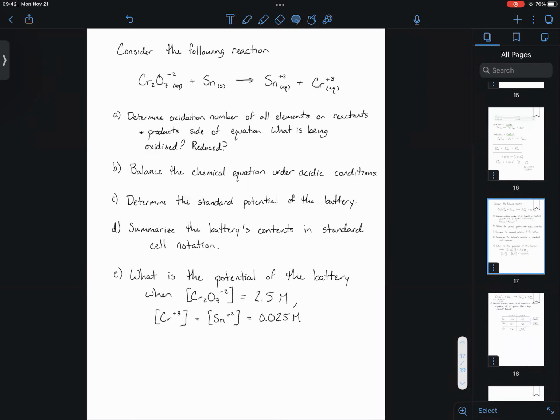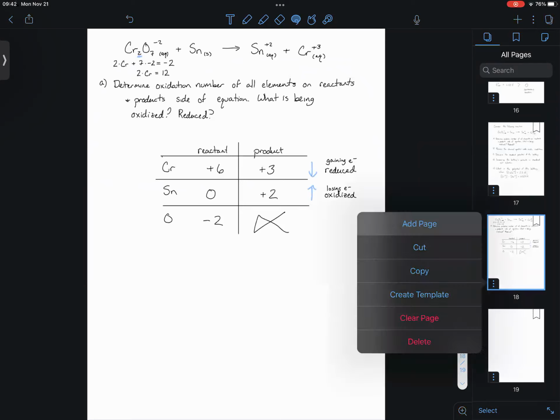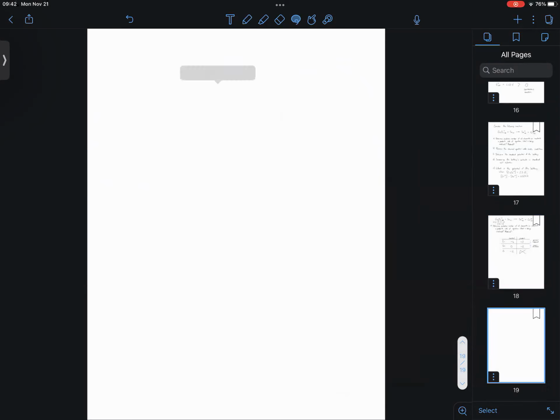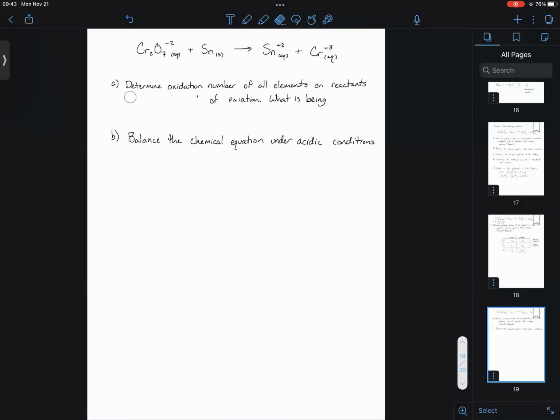All right, so now we're going to move on to the balancing of these chemical equations. Okay, we got that part covered.